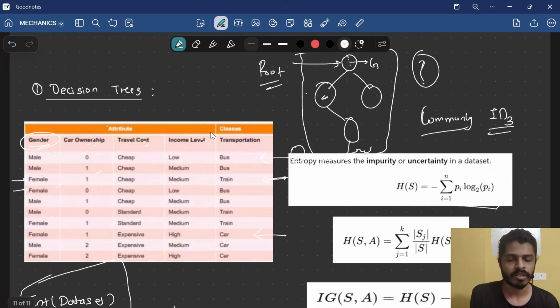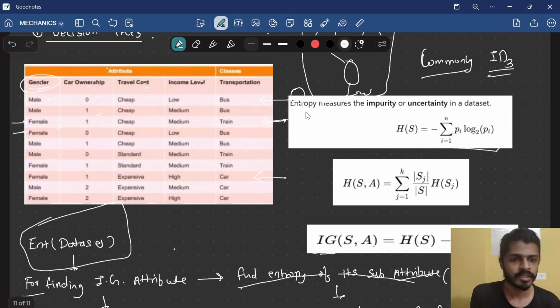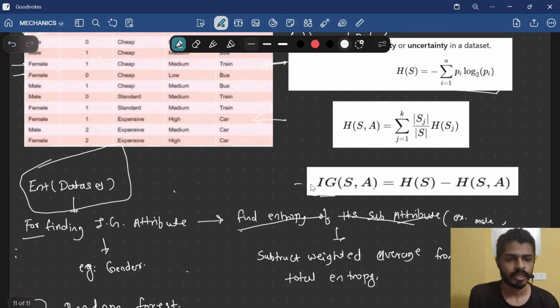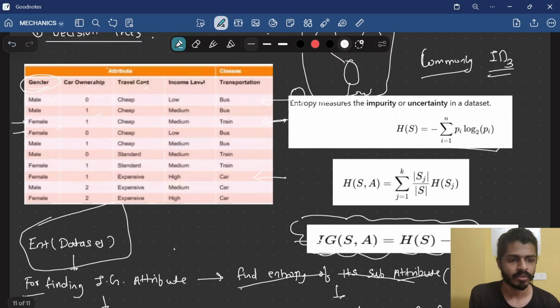Whichever attribute has the maximum information gain, we choose it as the root node. This is the formula to find information gain: we find the total entropy of the dataset and subtract the weighted average entropy of that attribute.